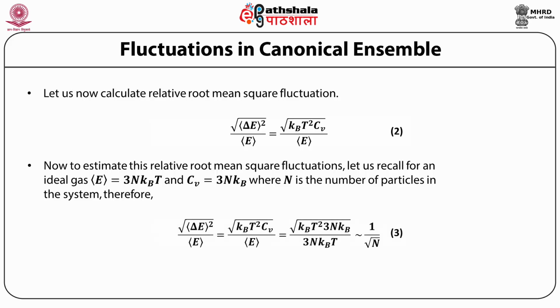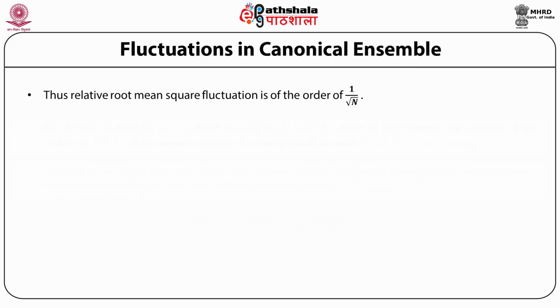Therefore, root mean square fluctuation, which was equal to square root of kBT square CV divided by mean value of E, becomes equal to square root of kBT square 3N kB divided by 3N kBT, which is of the order of 1 upon square root of N. Thus, relative root mean square fluctuation is of the order of 1 upon square root of N.